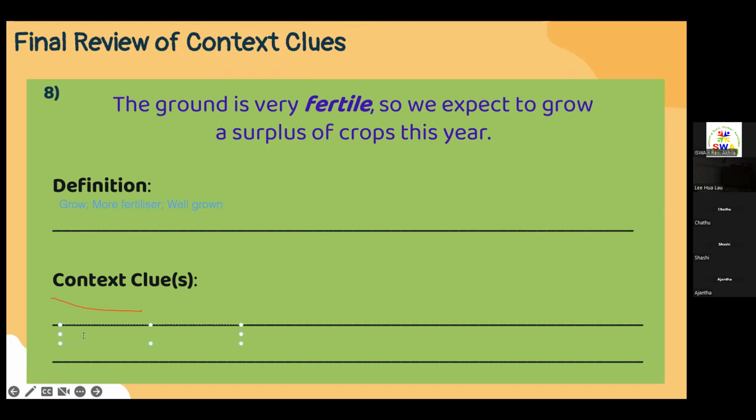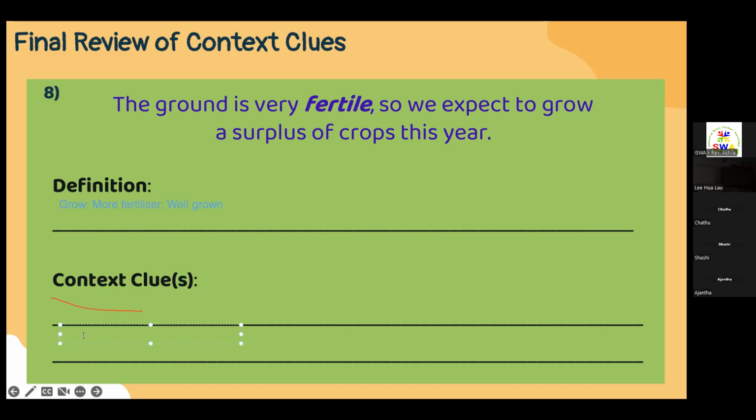It's not a synonym or antonym, right? Because there are no similar words or opposite words. So, logic or helping word? This one. Okay, good try, Bhumi. Yeah, Sashi, you were saying? Definition.